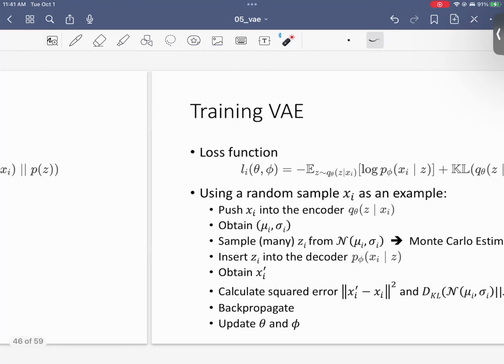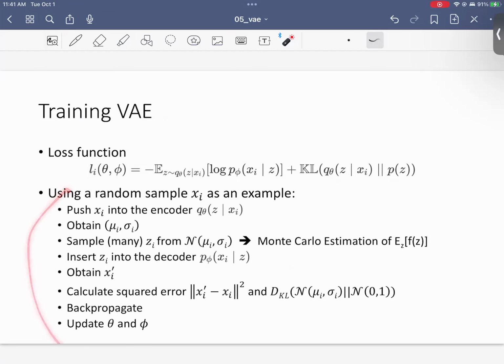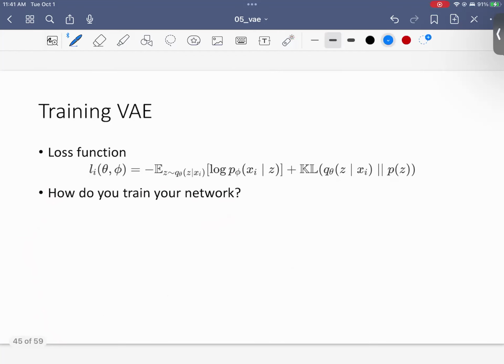So how do you train your network? There's a step-by-step process using a single example, so you can think of this as true stochastic gradient descent. We push our sample into the encoder, and then we obtain... Let me go back and make a bit of a drawing. You have a bunch of x's in our x space: x1, x2, x3, x4.